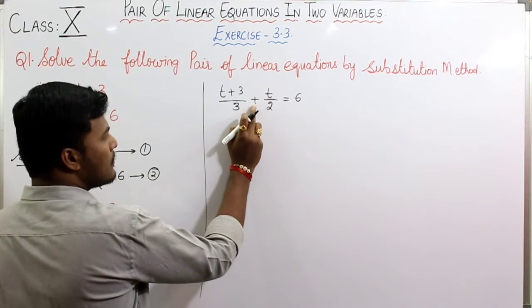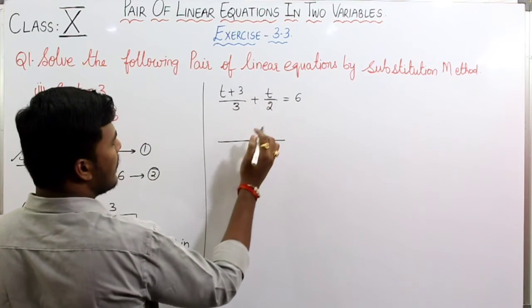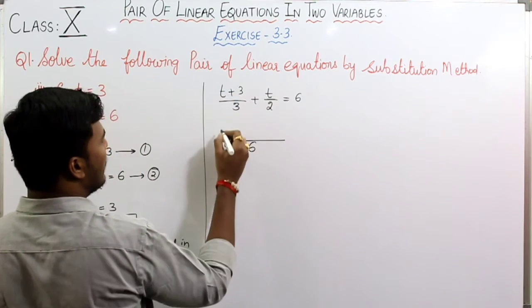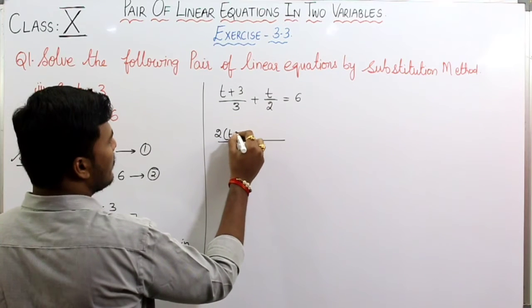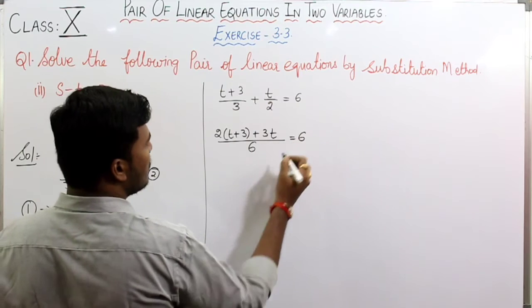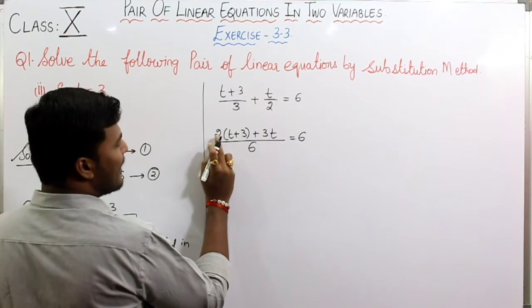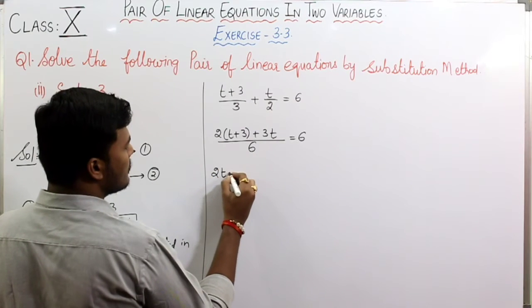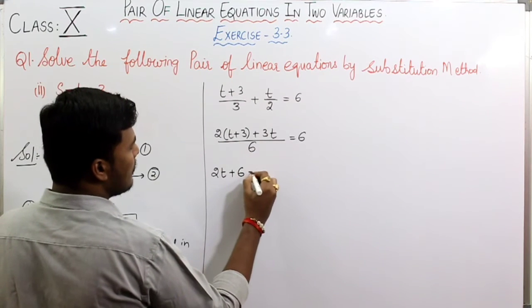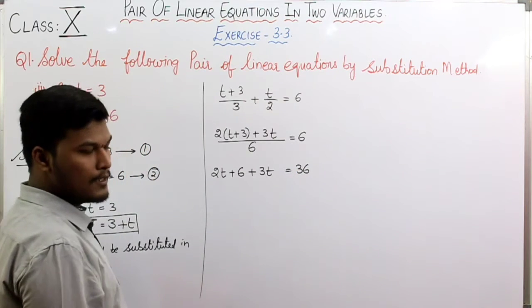If I have a plus or minus, I should go for LCM. The LCM of 3 and 2 is 6. Then I will get 2 into t plus 3 plus 3 into t is equal to 6. Now 6 should be shifted to that side and simultaneously I am multiplying. 2 into t is 2t, 2 threes are 6, plus 3t is equal to 6 sixes, 36.